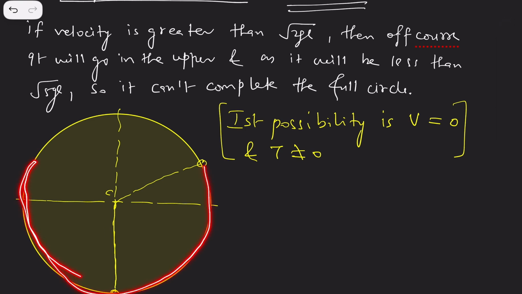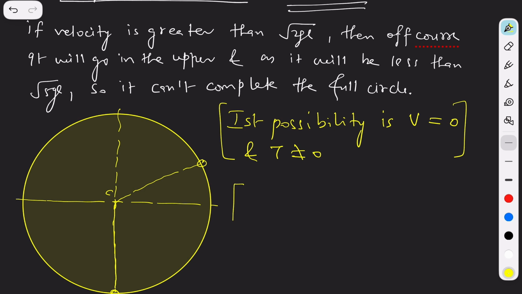The second possibility is that v will not become zero, rather the tension becomes zero. What does it mean?